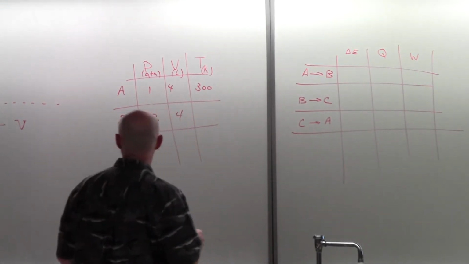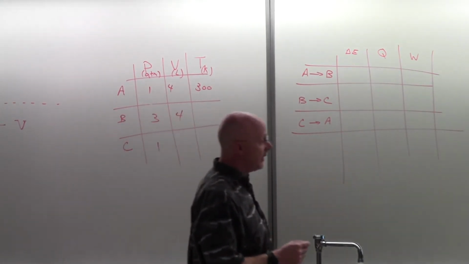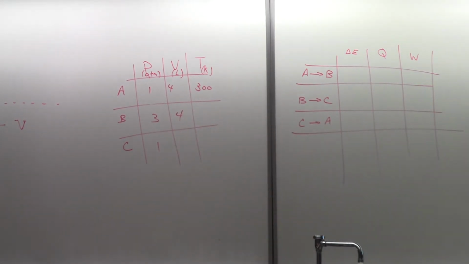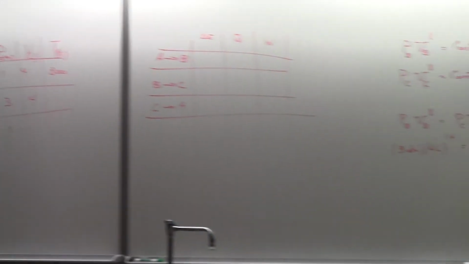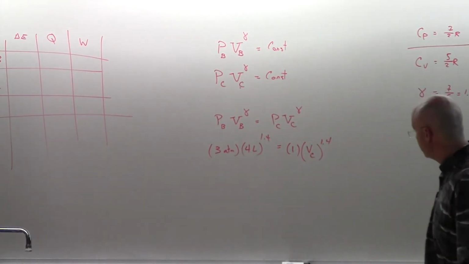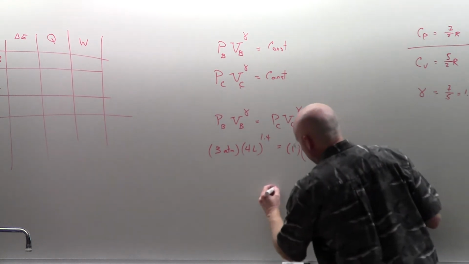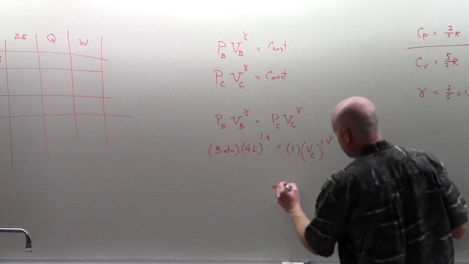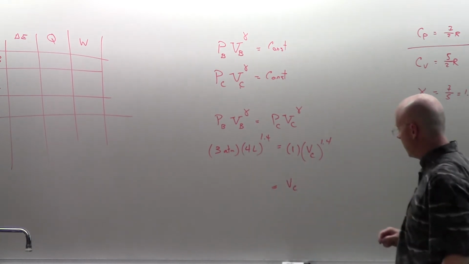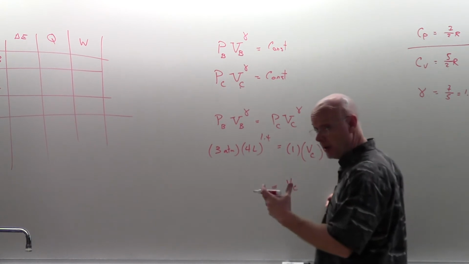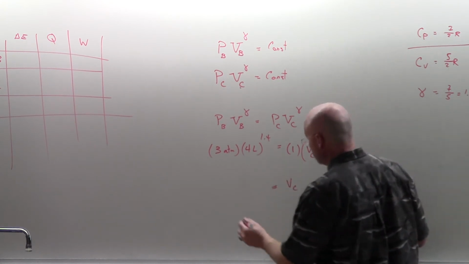Going over to the other line then, I will do a pressure at C, which would be 1. And then I would look for the volume, which again is raised to a factor of 1.4. So, got a little bit of math to do, obviously. I'll just write it out because this is how I like to do it on my calculator. Saves me a little time. It might save you a little time too.